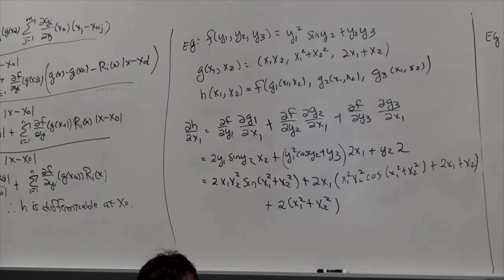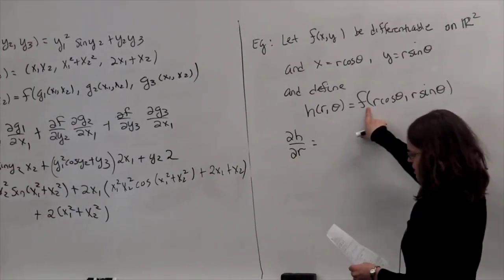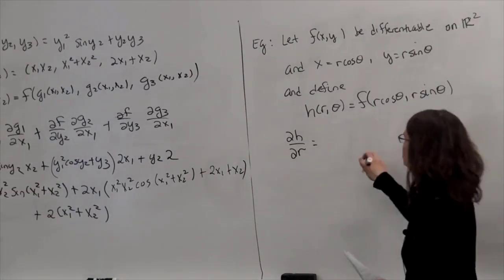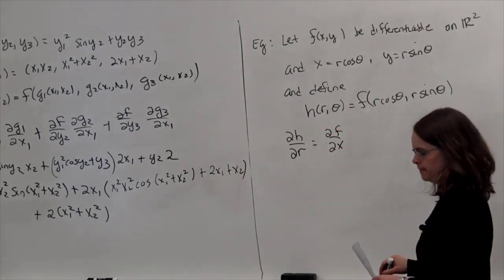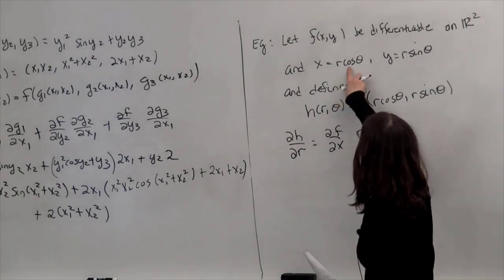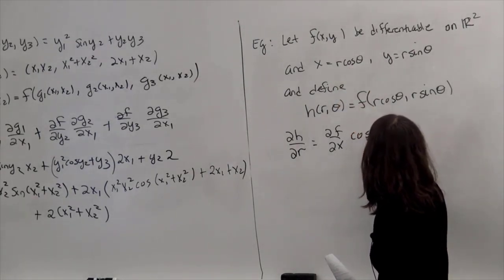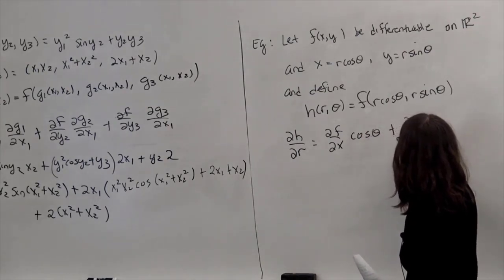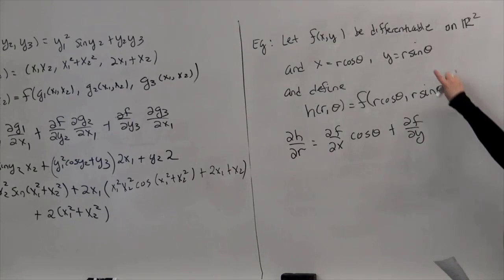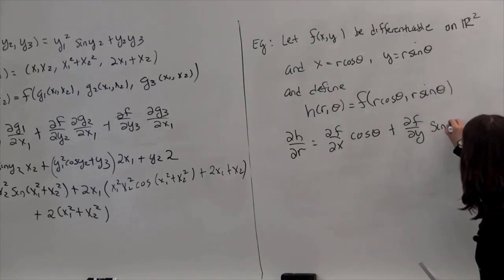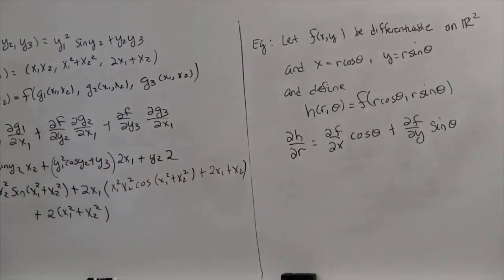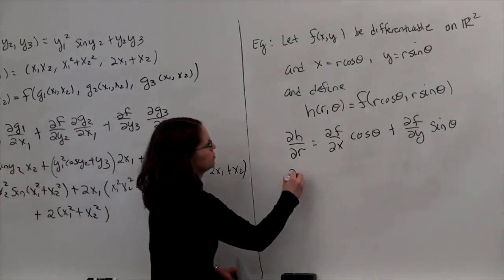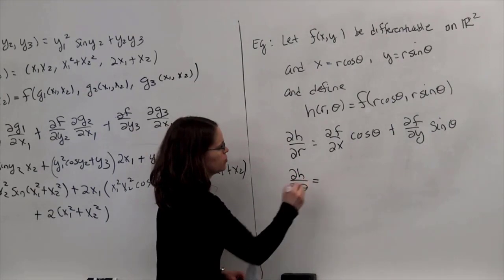Okay, dh/dr is going to be df/dx, so df by the first component, times dx/dr. dx/dr is cosine theta, plus df/dy times dy/dr, which is sine theta. Okay, and let's do dh/dtheta as well.